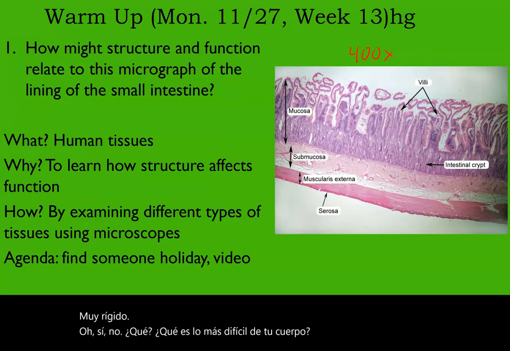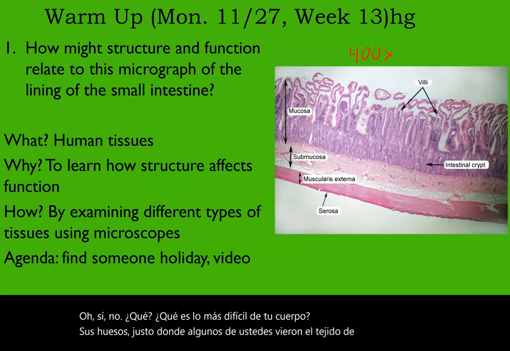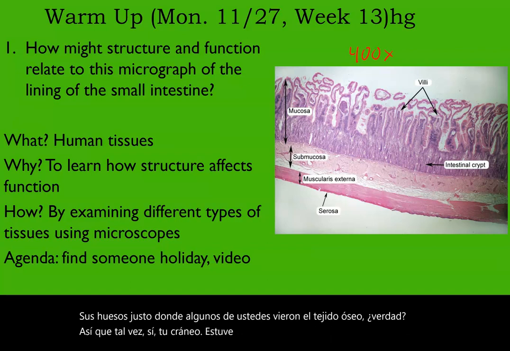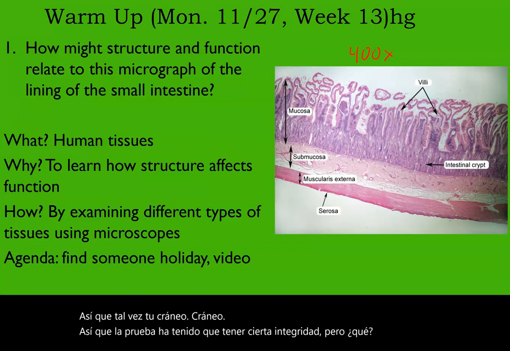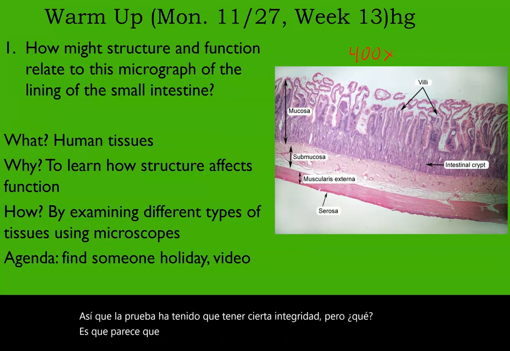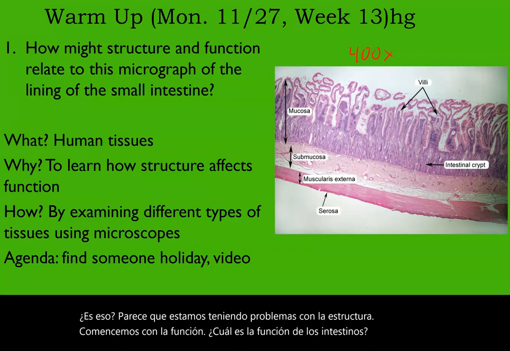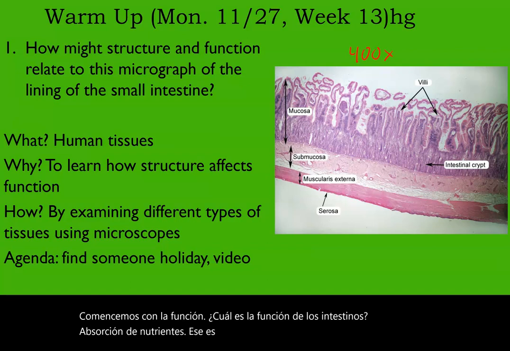Your bones, right? And some of you saw the bone tissue, right? So maybe, yeah, your skull. I was thinking your skull. So your intestines had to have some integrity. But it looks like we're having trouble with the structure. Let's start with the function. What's the function of your intestines? Absorbing nutrients. That's their number one. That's their number one love in life, right?